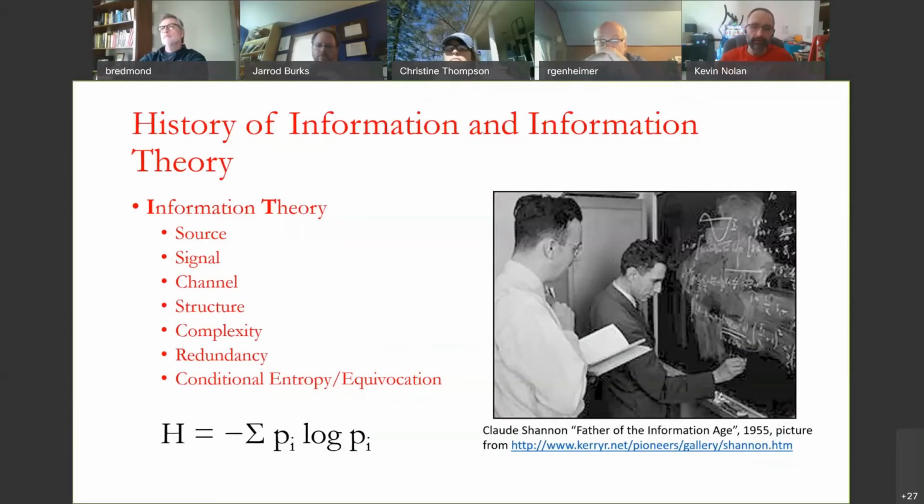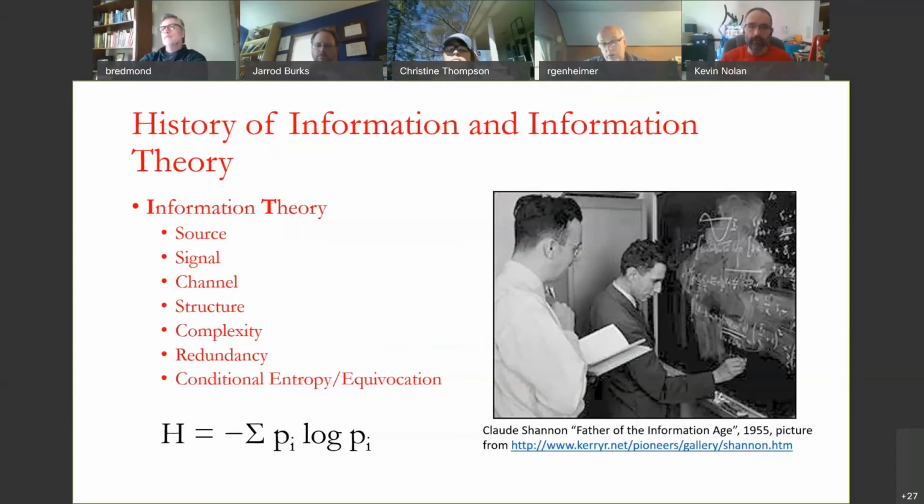And so the concepts in information theory that are important are: there is a source, which is something that is generating a signal, whether it's supposed to go to you or to someone else, but it has its own structure, its own statistical structure and patterns within that.